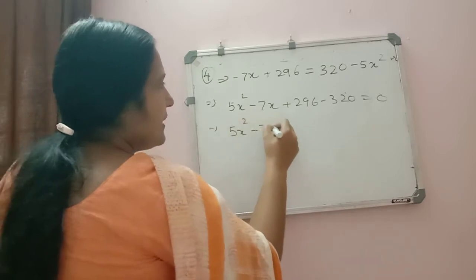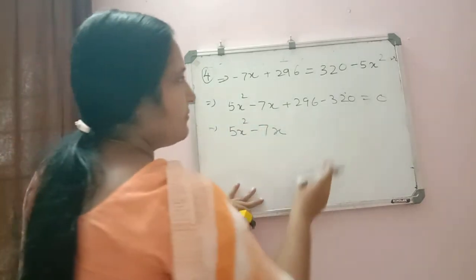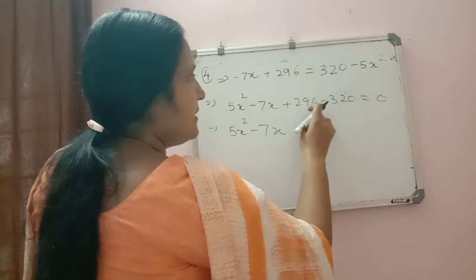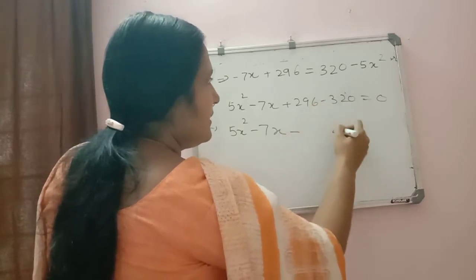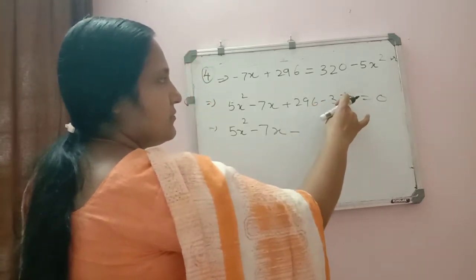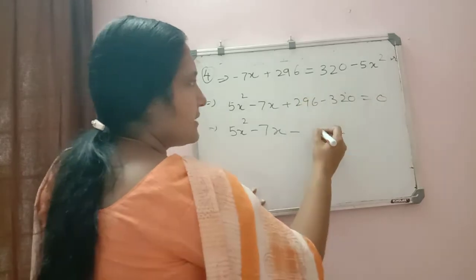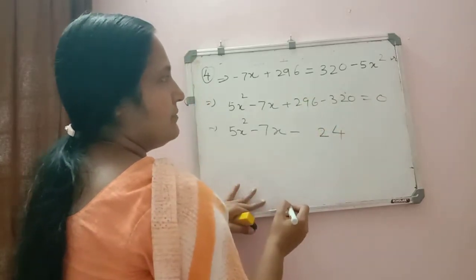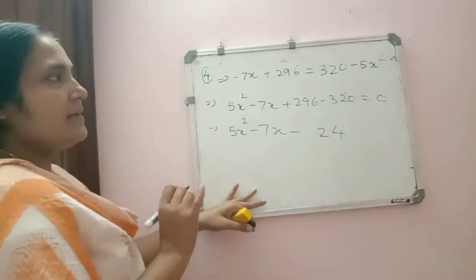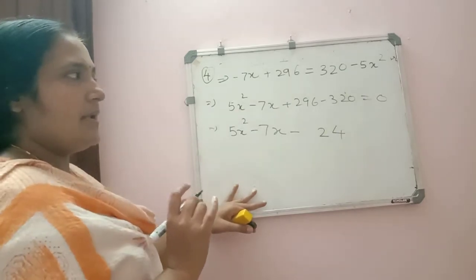If you do the subtraction, 320 minus 296 will be equal to 24. Method clear there.